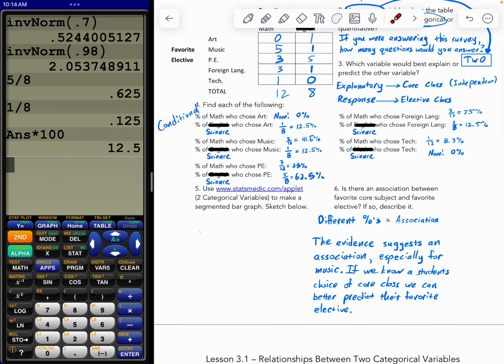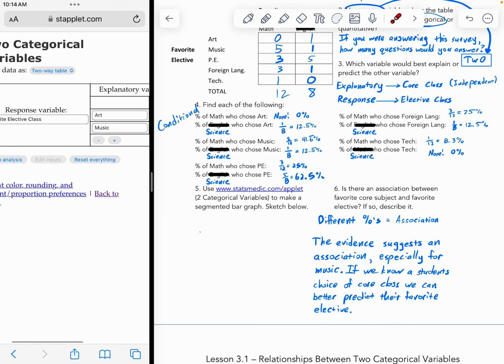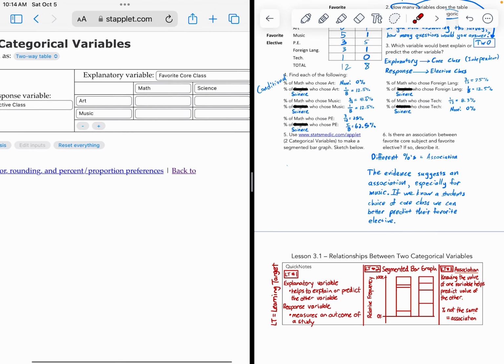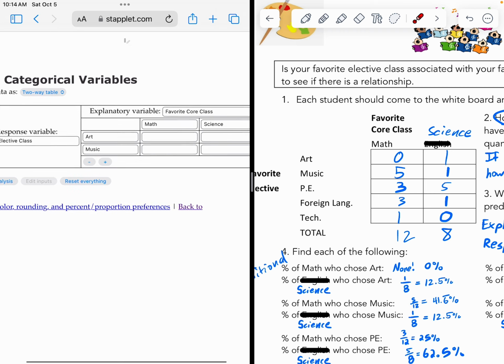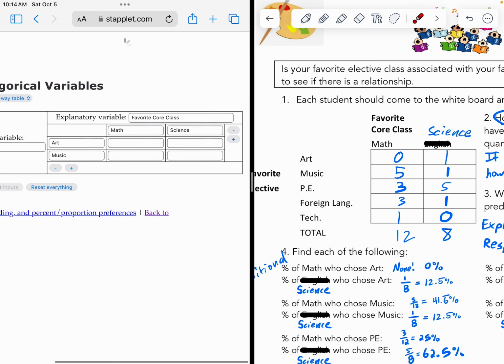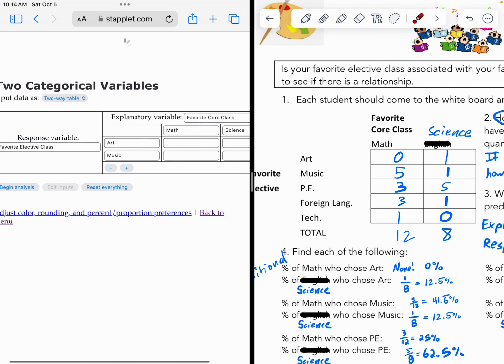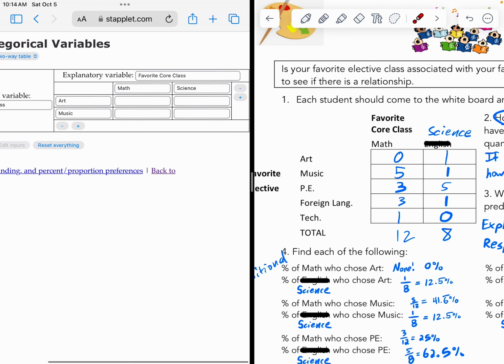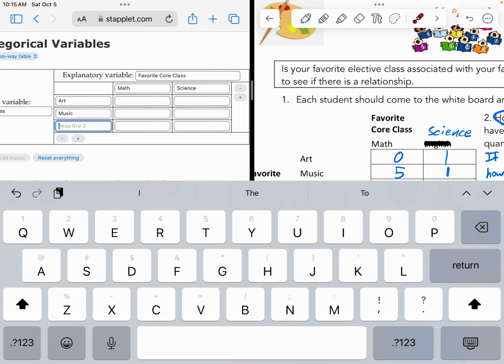So open up the applet and we're going to do 2 categorical variables. I've already kind of started this. I haven't finished, so let me do that with you. So I put favorite core class as explanatory on the top, and on the left I put favorite elective class, and I started filling in math and science on the top, art and music, and now I need to keep going.